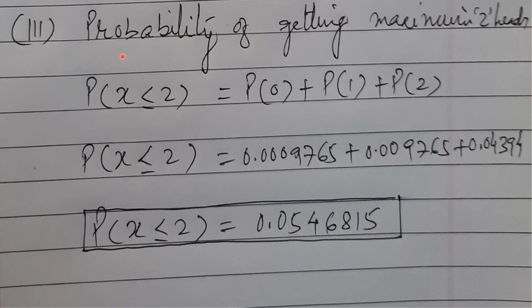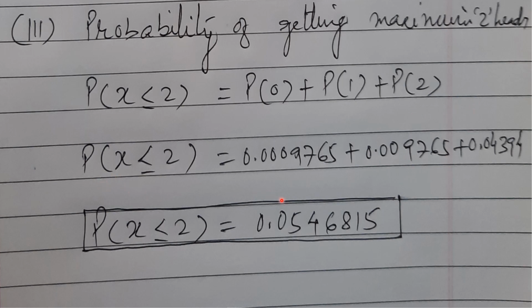Now we will go through the third and last part of the problem, that is probability of getting maximum 2 heads. The probability of getting maximum 2 heads will be equal to the sum of the probabilities of getting 0 head, 1 head, and 2 heads.